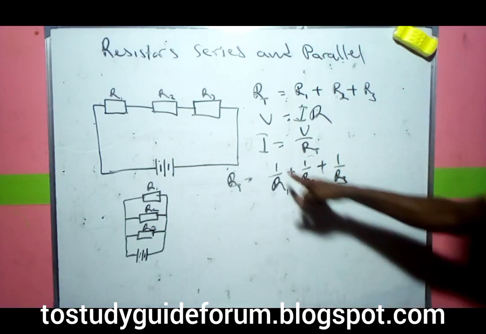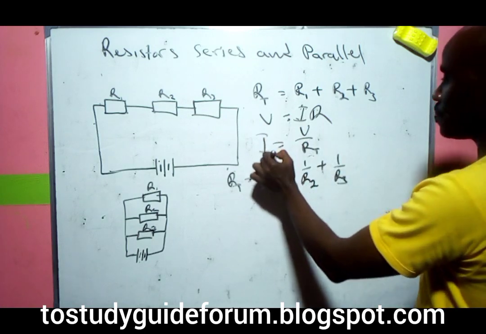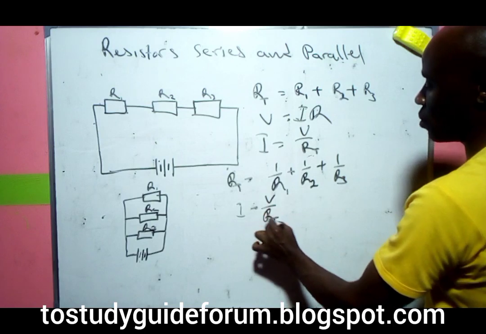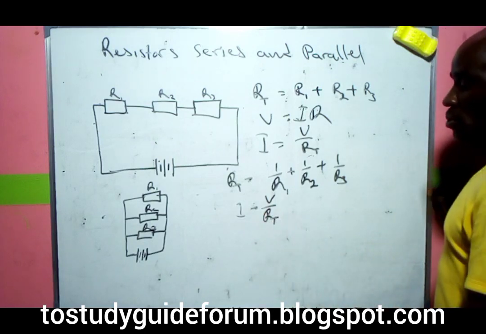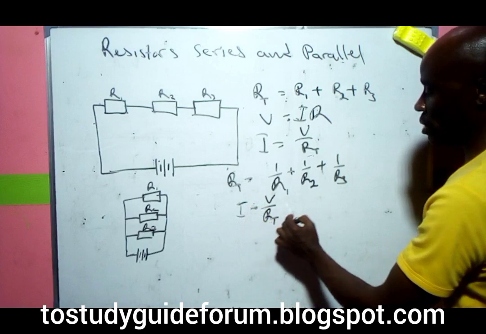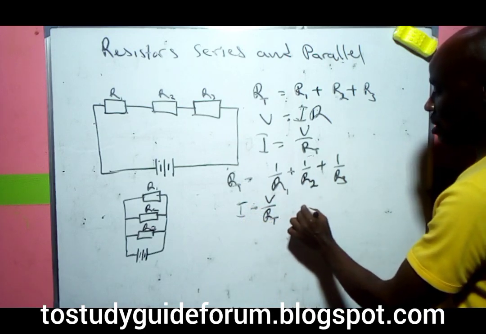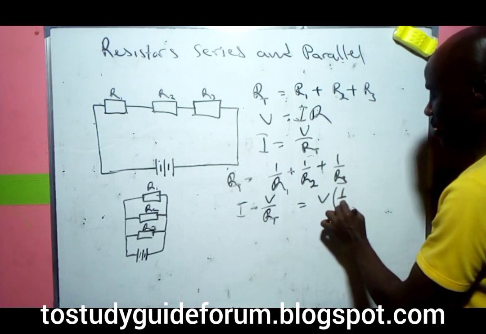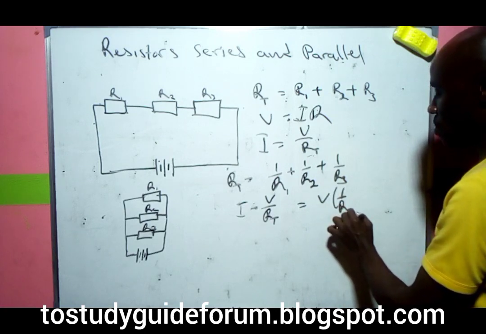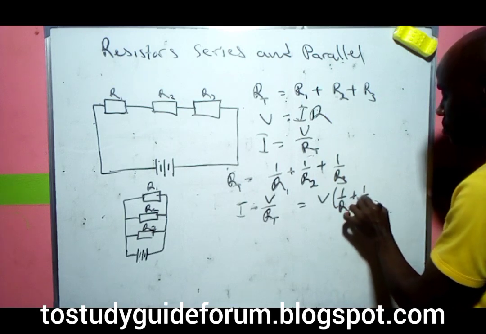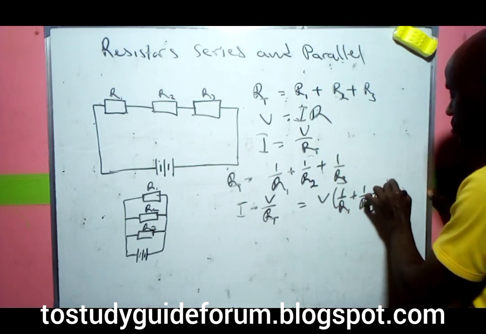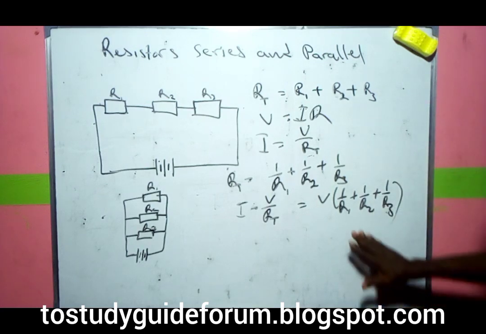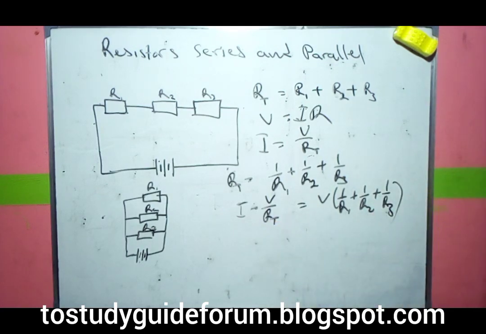Using the same Ohm's law, since I is equal to V over the total resistance, it will be equal to V multiplied by that sum, which will give us the current we are looking for.